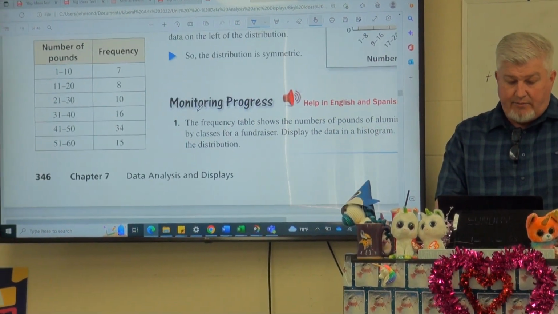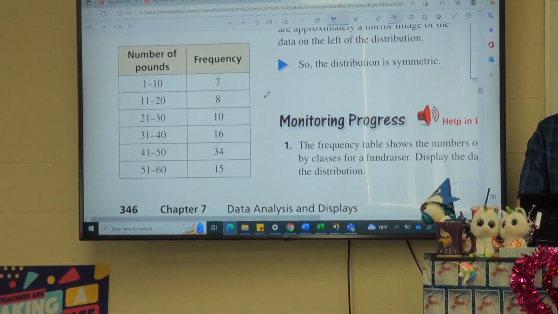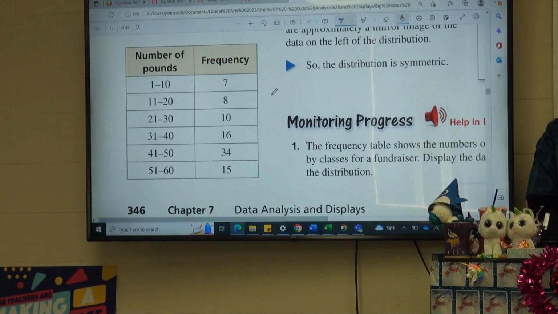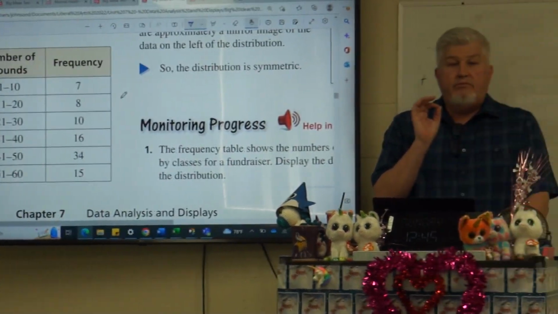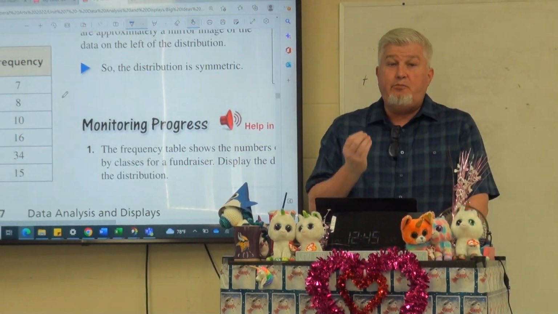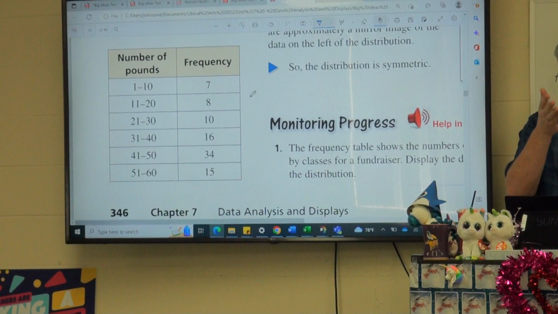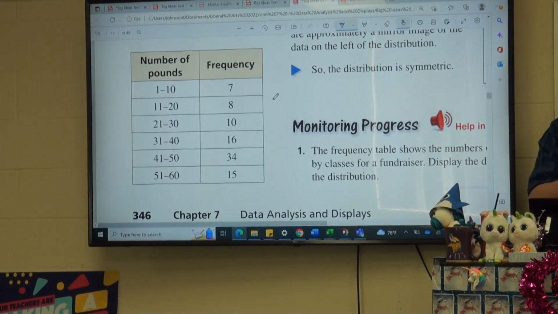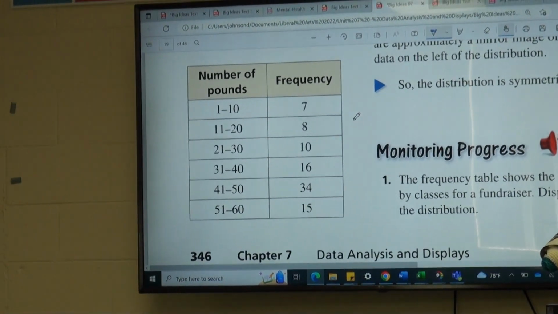We look at the table they gave us: the number of pounds of aluminum collected, and how many people collected those number of pounds is on the right in the frequency. Substitute teacher, you're going to pause here, and students, please create a histogram with this information. When we come back, I'll show you mine and see if it looks like mine as well. So please pause now.